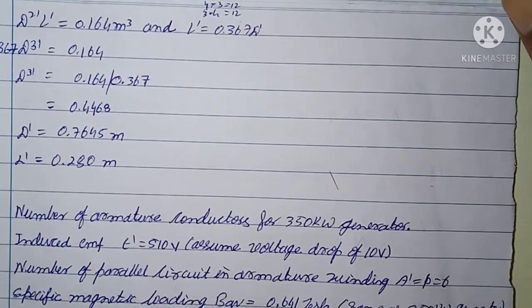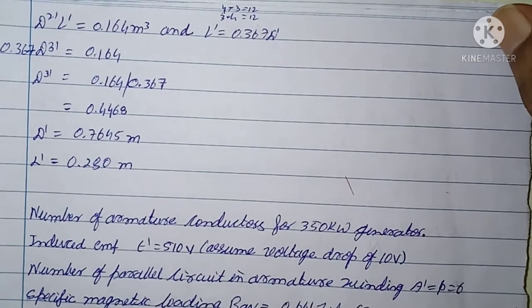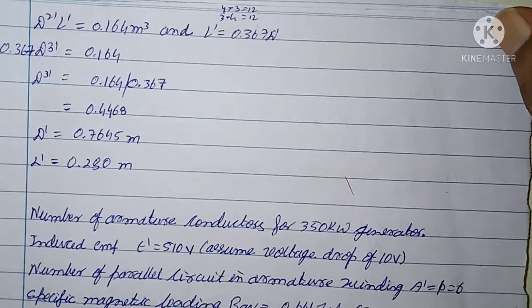So d dash square into L dash was equal to 0.164 meter cube, and L dash was 0.367 d dash. So from this equation, 0.367 d dash cube is equal to 0.164 meter cube.